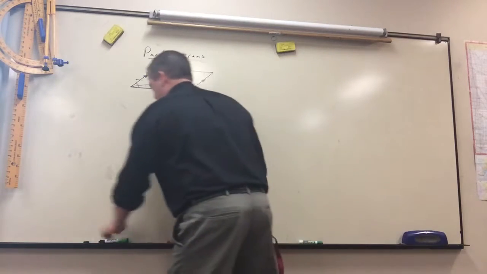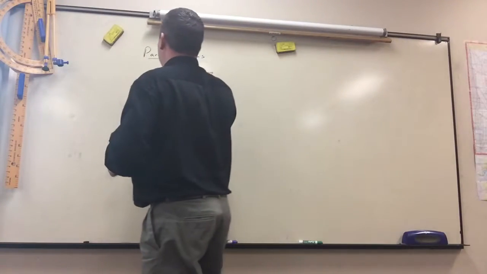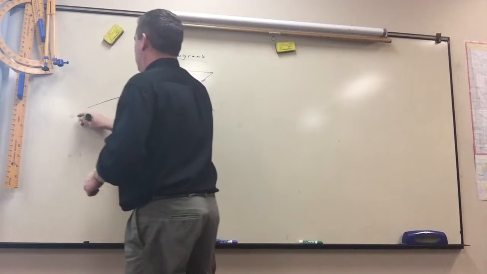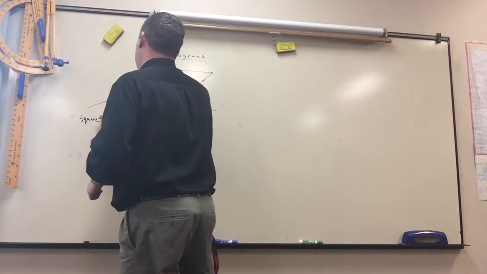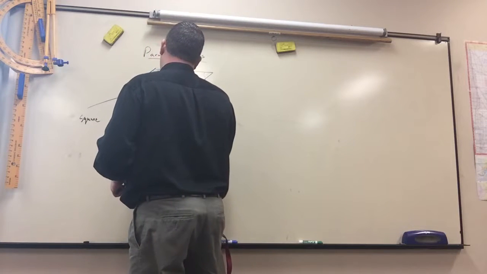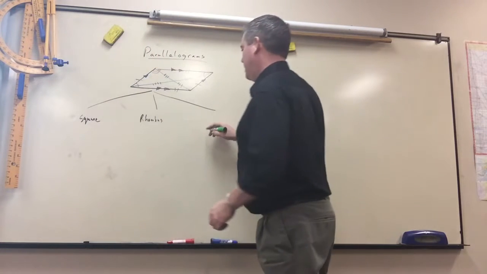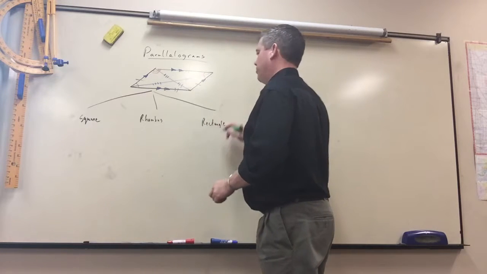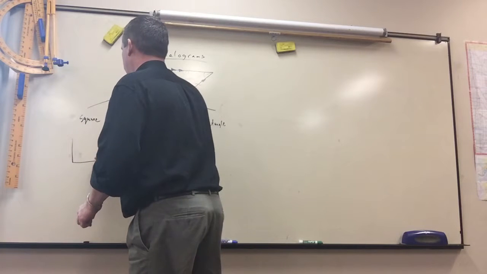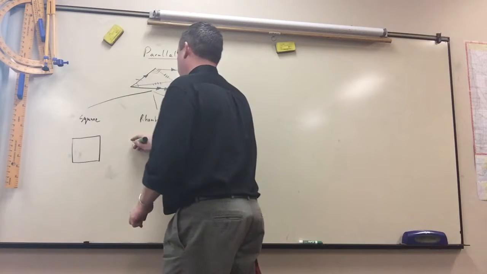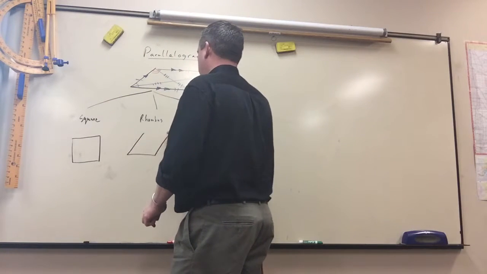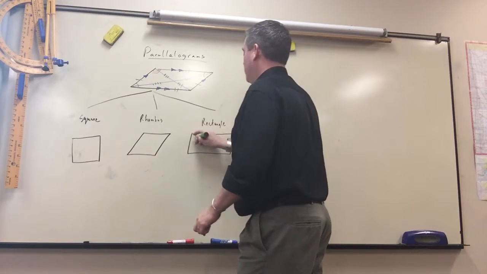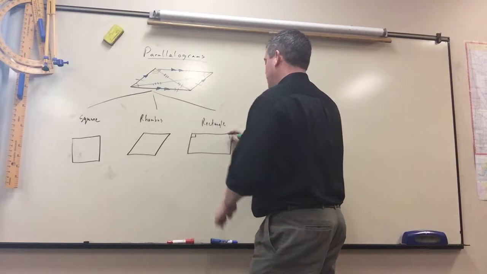Then we learned the three types of special parallelograms: a square, a rhombus, and a rectangle. So everything that is true here is true here.